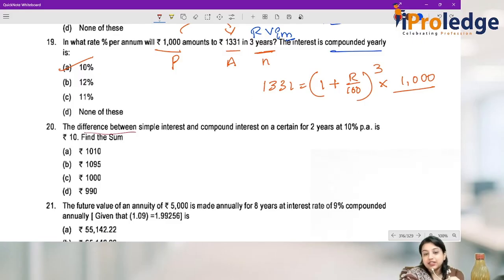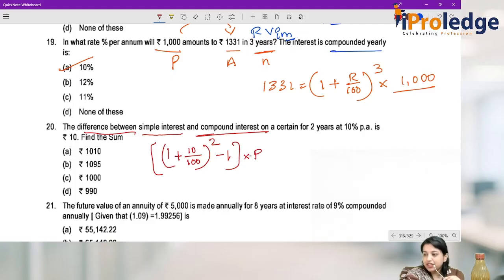Next, the difference between SI and CI. There is an easy method they teach. What do you do? CI minus SI. The CI formula: 1 plus i, with 10 by 100, whole power n, where n is 2, minus 1, into P. This is compound interest minus simple interest.